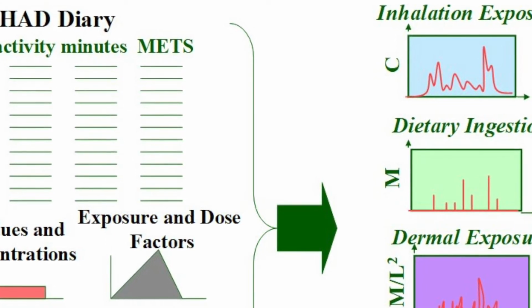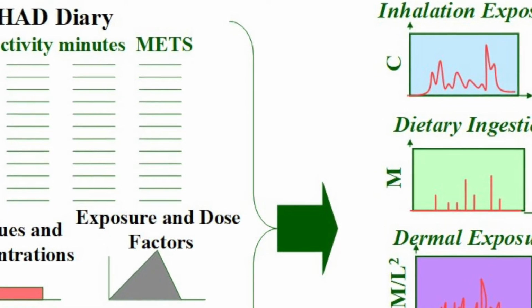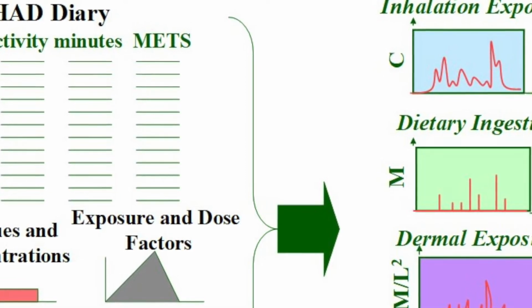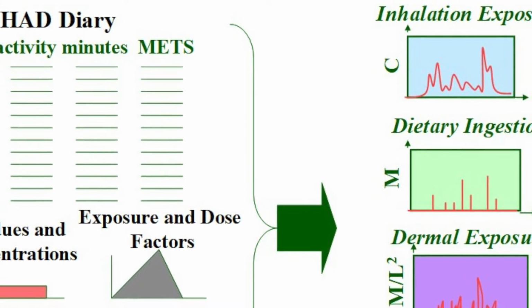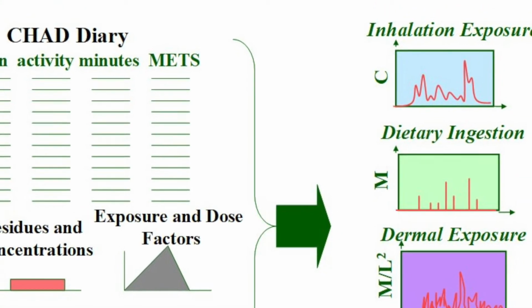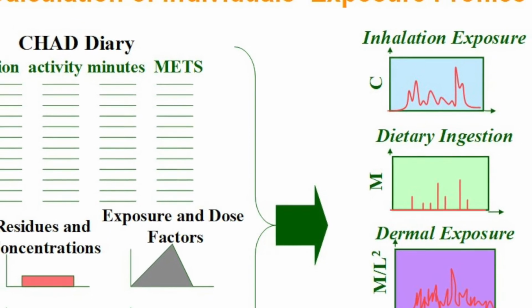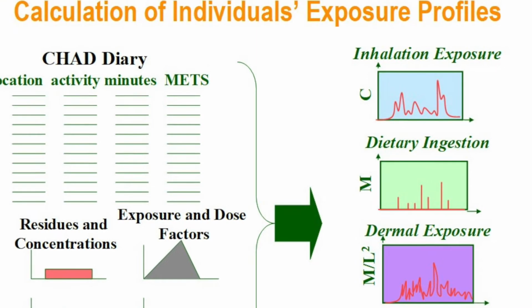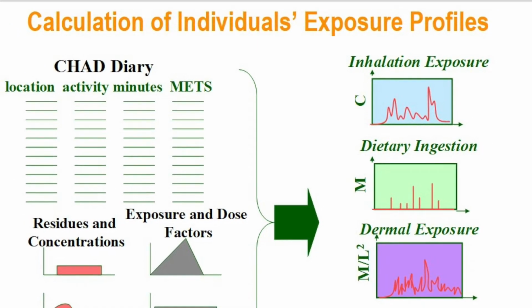Let's look at the dietary ingestion here on the right side, the second green one. It shows the person had breakfast, lunch, dinner, and a few snacks here and there. So the exposure occurred during those times. For inhalation exposure, the person wakes up, goes around getting ready, and then goes to work, maybe goes to school.